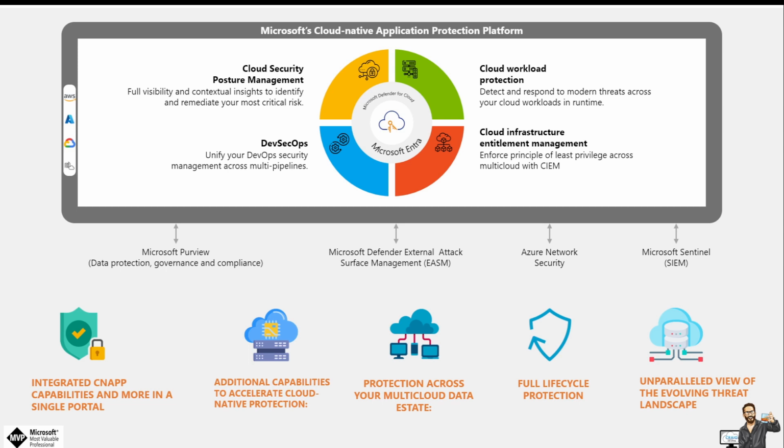Not only that, it stacks across Amazon Web Services, Google Cloud, and Azure Cloud Services. Security admins no longer need to manually synthesize data or tools from multiple products. Instead, they can proactively address security threats across their multi-cloud and hybrid environment in a single platform. All of this is managed in Microsoft Defender for Cloud.